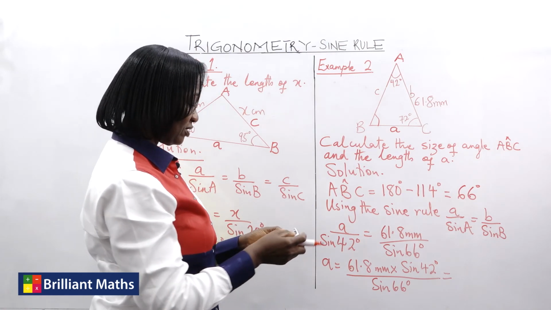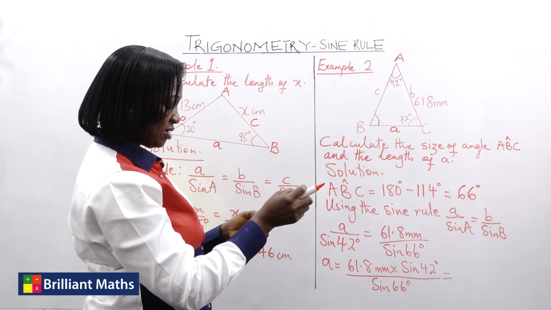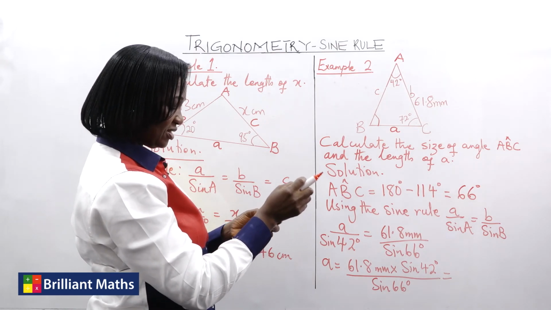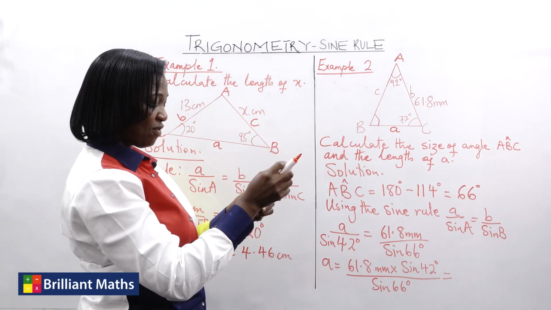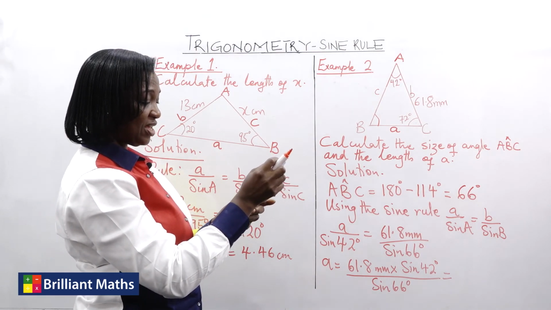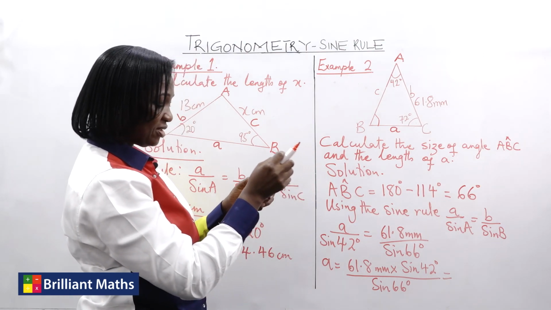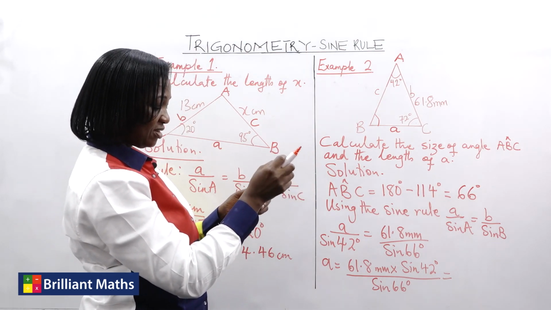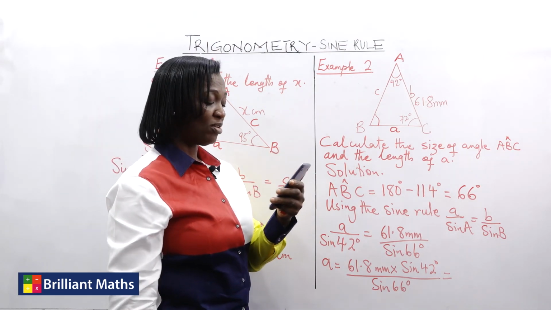So let's find out. 61.8 times sine 42 degrees, and then divided by sine 66 degrees.